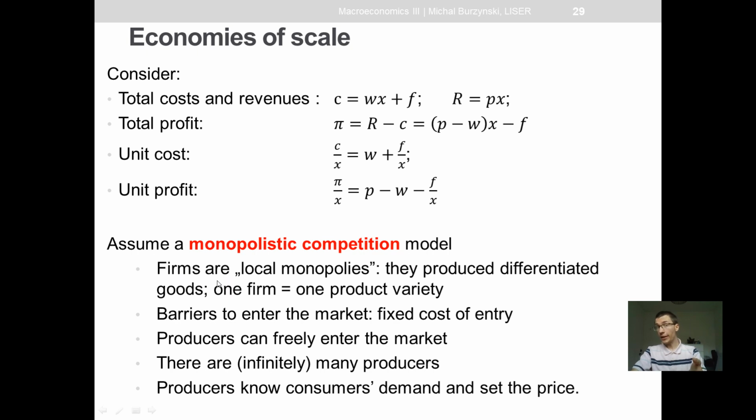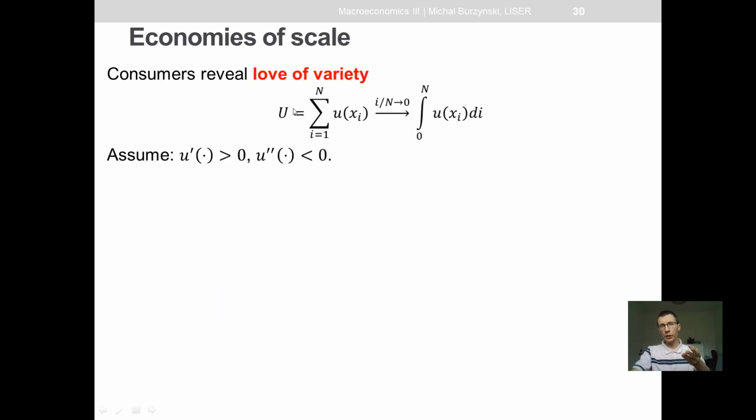You can write this down in an equation using a particular utility function of an individual. So we assume that the utility of every individual is the sum of the individual utilities of consuming each of the goods i, and i is indexed from 1 to n.